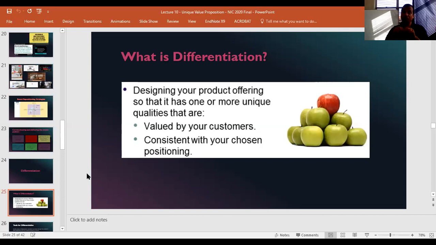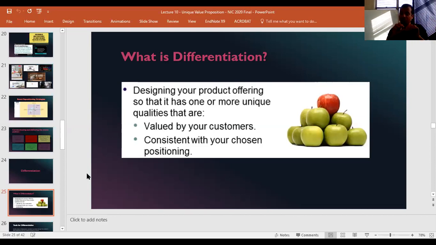I mean to say, if your positioning statement says that you have cost leadership, suppose, or maybe product quality leadership, then in the differentiation you must try to show how it is different, how your product is unique. It has to be consistent with your chosen positioning. Your positioning, differentiation, and the value proposition all have to be consistent.